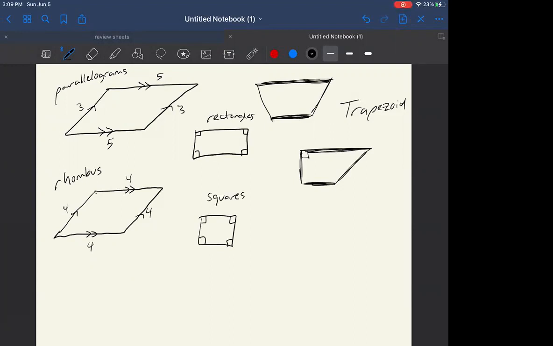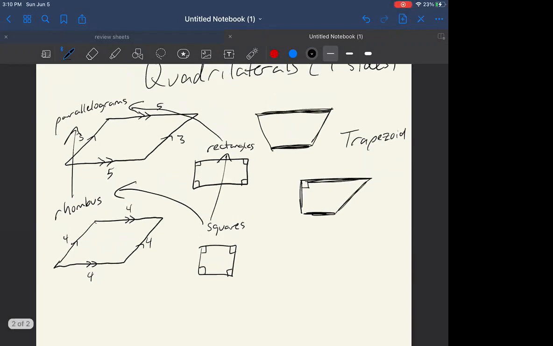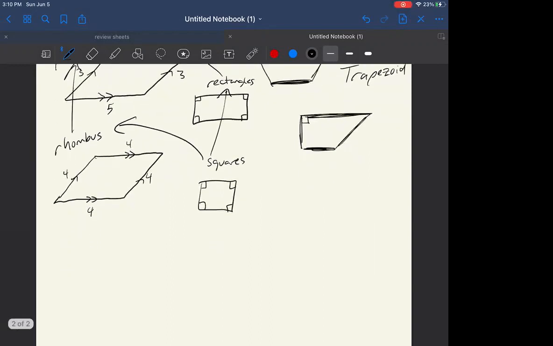And so technically squares are considered a rhombus and a rectangle because all the sides are the same like a rhombus and all the angles are right angles like a rectangle. Both a rhombus and a rectangle are considered parallelograms. Okay, so squares really are rhombuses, they're rectangles, they're parallelograms, they're all of those things. This goes back to that thing you probably heard as a kid, a square is a rectangle, but not all rectangles are squares.